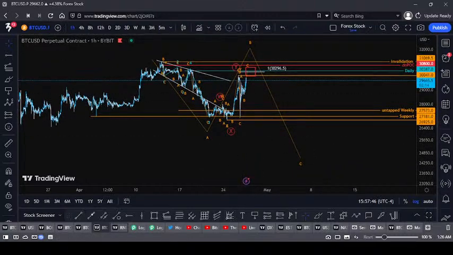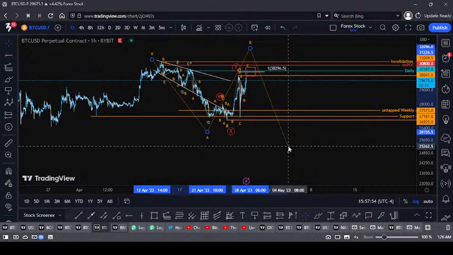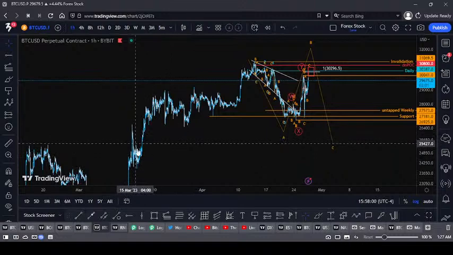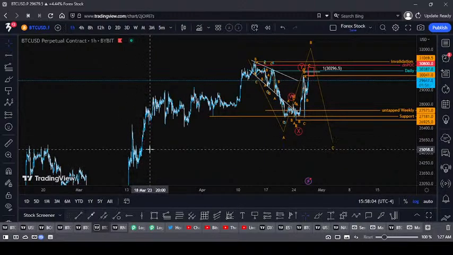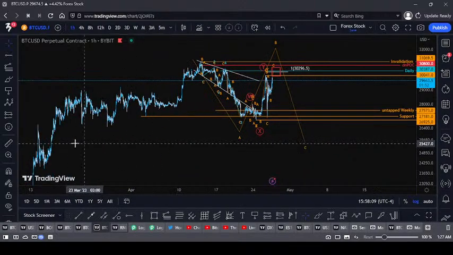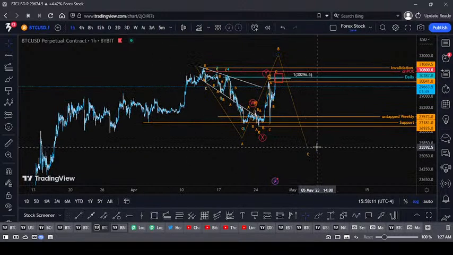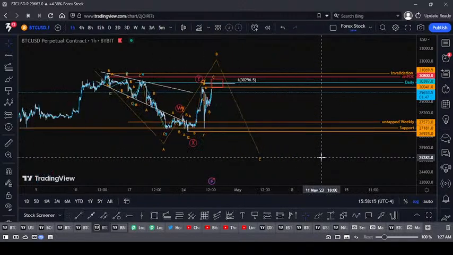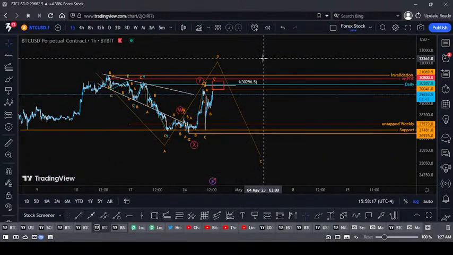But the C wave is a little bit down from the wave A, so I'm not going to take it towards 25-24, but it could be like 25,500 something, and most probably the imbalance sitting at this 25K. I have the imbalance from the exo chart that I shared with my members in the previous stream in the Discord community. So 25,500 is our target if this is an irregular, expanded flat.